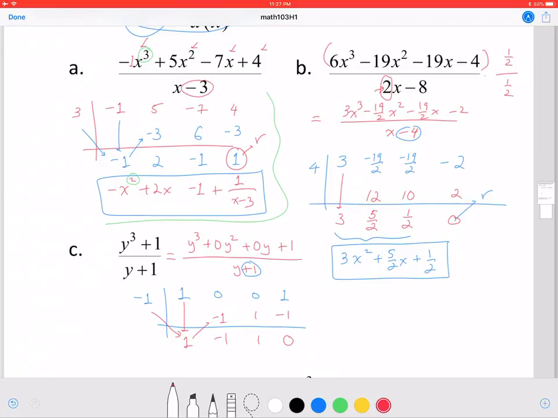And again, we have a remainder of 0. So our answer is given by these coefficients with the y variables thrown in: y squared minus y plus 1. That's our answer for part C.